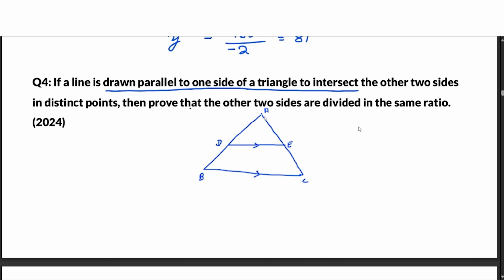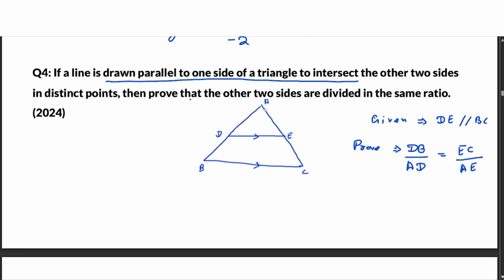Given: DE is parallel to BC. And we have to prove that DB over AD is equal to EC over AE. So these two we have to prove.